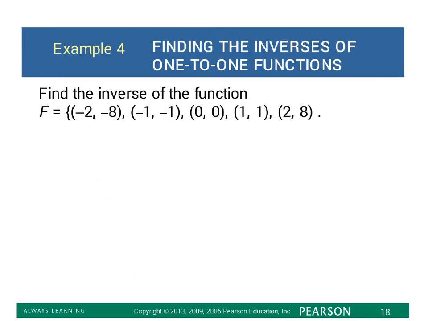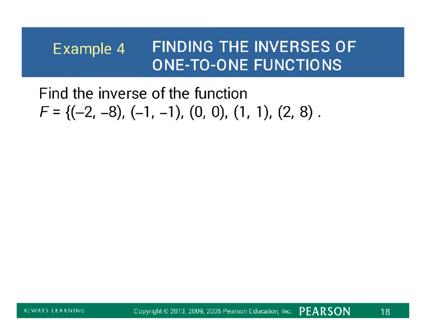All right, to find the inverse of the function given here, that's just a set of ordered pairs, we're going to first determine if this function is actually a one-to-one function. So go back to where we started in this lesson and determine if for every single x there is exactly one y, and the other way around, for every y there is one x.